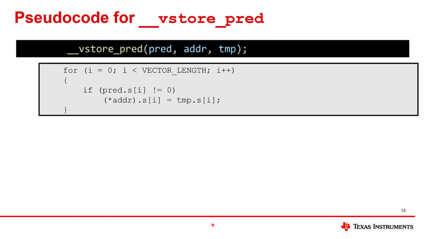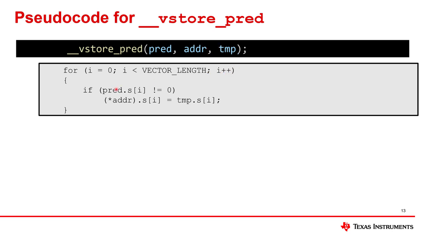This is the first time the video series is using vStore pred, so I want to describe it carefully. Temp is a vector, ADDR is the address of a vector, pred is a predicate. What happens is all the elements of temp are copied to the vector at this address under control of this predicate. Expressed as pseudocode, it looks like this. This loop is walking through each element of the vectors.